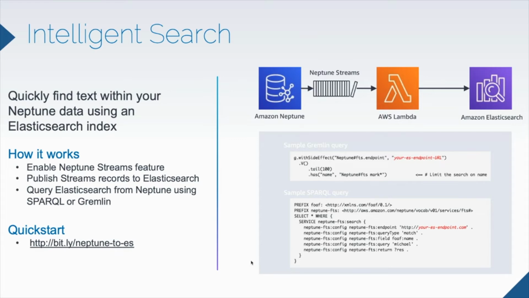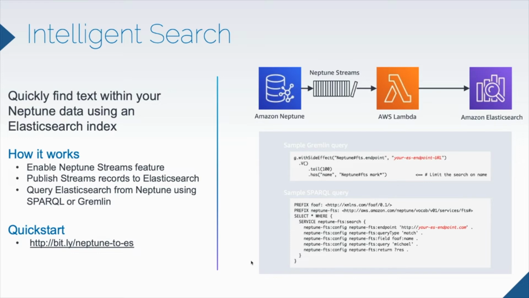And then Neptune becomes the source for that search, and that search can be used by an application, for instance, to find data very efficiently according to some dimensions that you can define through Elasticsearch. And these are two native services on AWS, Amazon Neptune and Amazon Elasticsearch, and they integrate very easily.